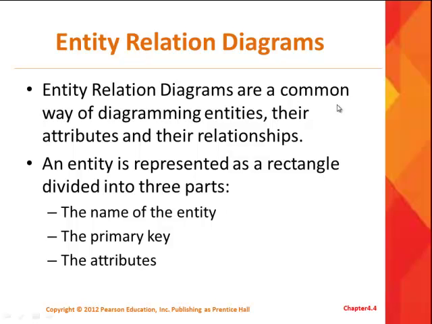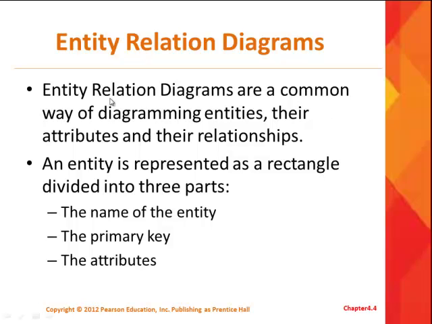Okay, let's get to the main part of this chapter. It's a diagram called ERDs, or Entity Relationship Diagrams. It says they're a common way of diagramming entities, and when you diagram entities and their relationships, you're basically designing a database, a relational database.